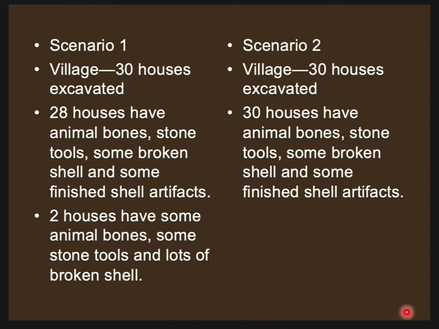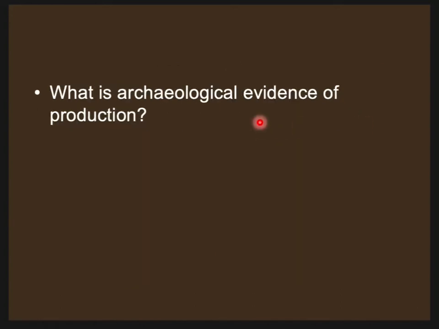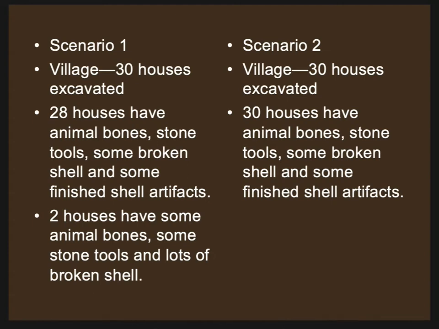Well, one of the keys here is recognizing the evidence of production. We've already talked a little bit about this, but you saw when you were making stone tools, production areas have the garbage that comes from making those things, but not necessarily the final products.